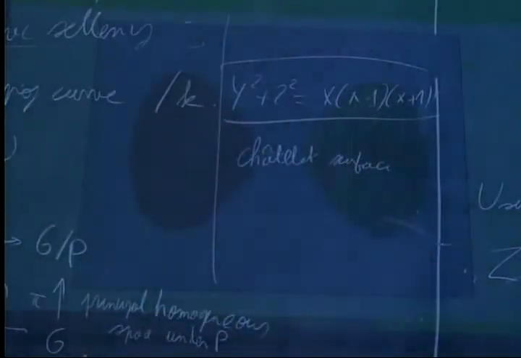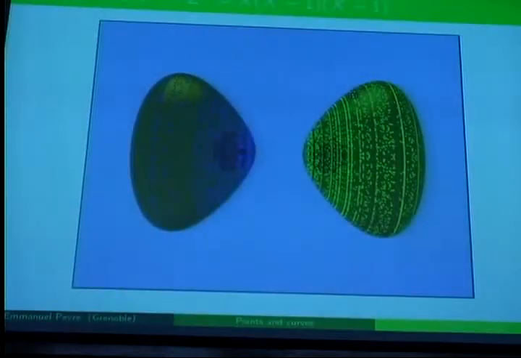I should explain the colors of the points. There are two colors, the blue ones and the green ones. The color was chosen as follows: I look at the reduction of the points in the projective space over Z/4Z, and I choose the color according to this reduction modulo 4.